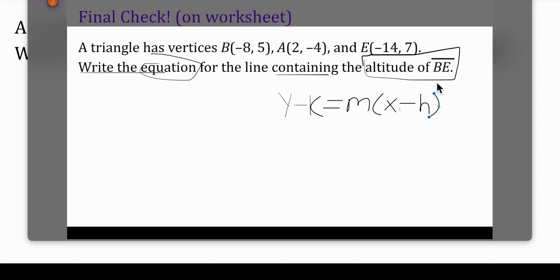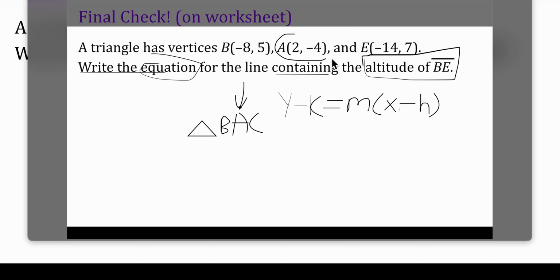Alright. To find the altitude of BE, we have to find the perpendicular bisector. And we know our point is (2, -4), because A is the middle. If we write this triangle out, it will be this, and we know this part is always the middle.